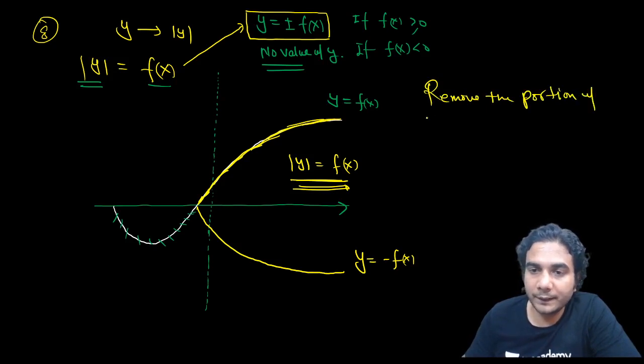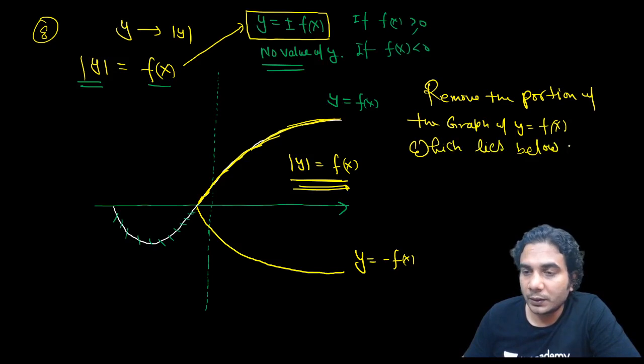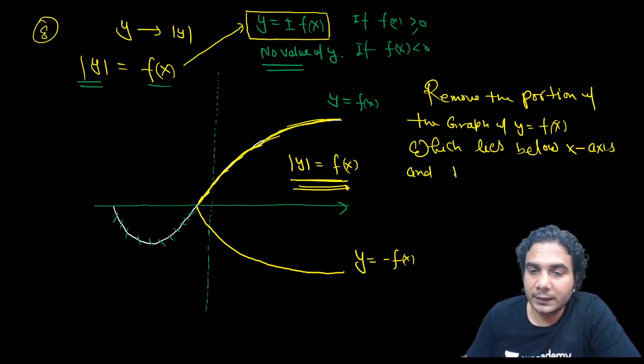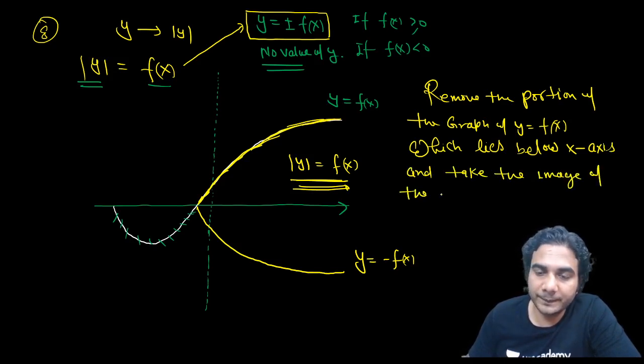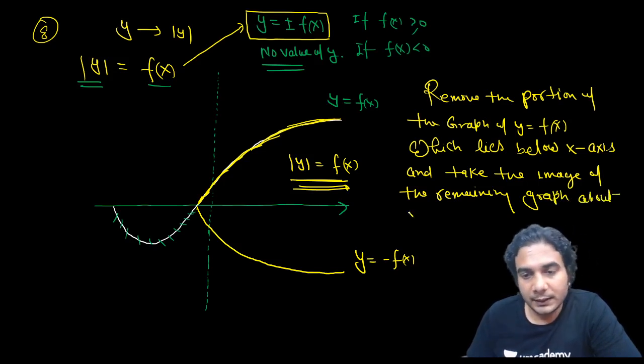Remove the portion of the graph of y is equal to f(x), which lies below the x-axis, and take the image or reflection of the remaining graph about the x-axis.